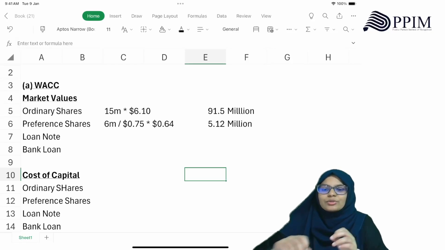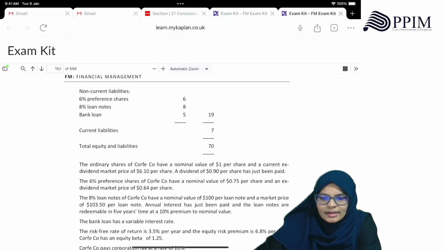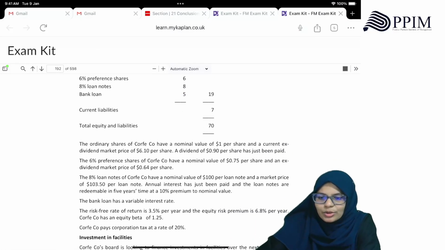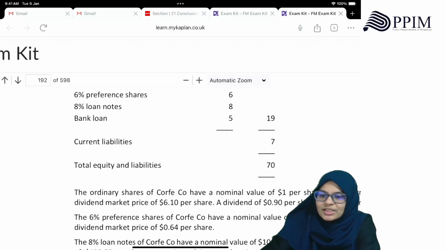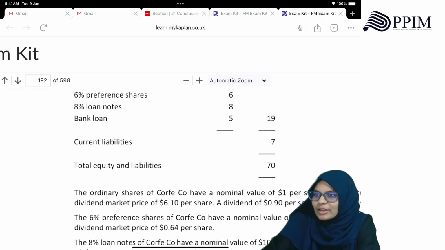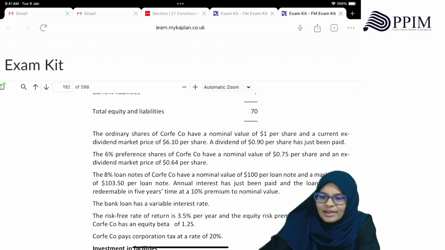Right? So now let's do the loan note. For the loan note also, I think they gave us all the information that we need. They're telling me it's an 8% loan note, the nominal value is 100 and the market price is 103.5. So I know that the book value is 8 million. If I want to know how many loan notes are in issue, it is 8 million divided by the nominal value, which is 100, and then I will multiply that with this $103.5.